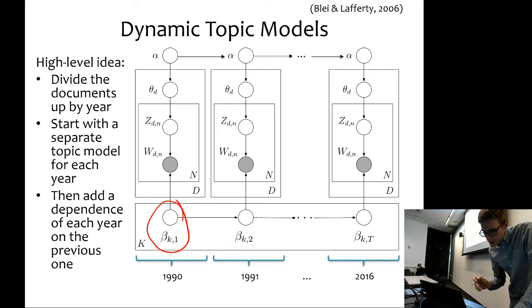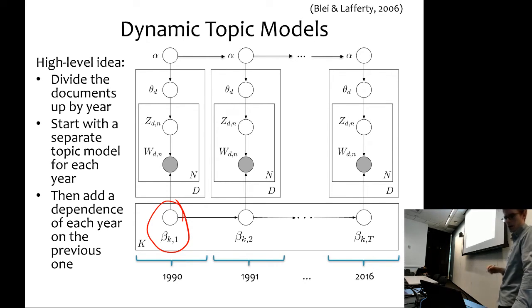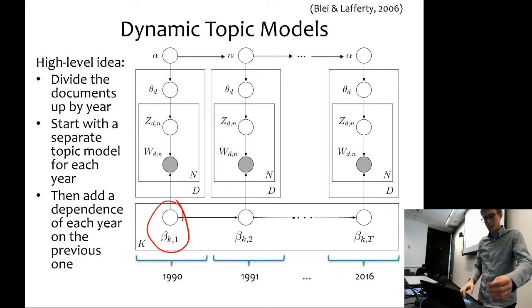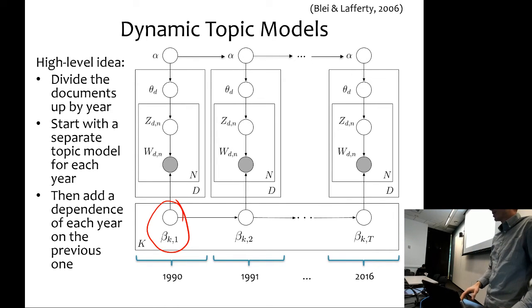The beta here are the actual parameters of the topics themselves. And so what we're doing by connecting beta k1 to beta k2 is saying that the topics in one year are going to be similar to the topics in the previous year.